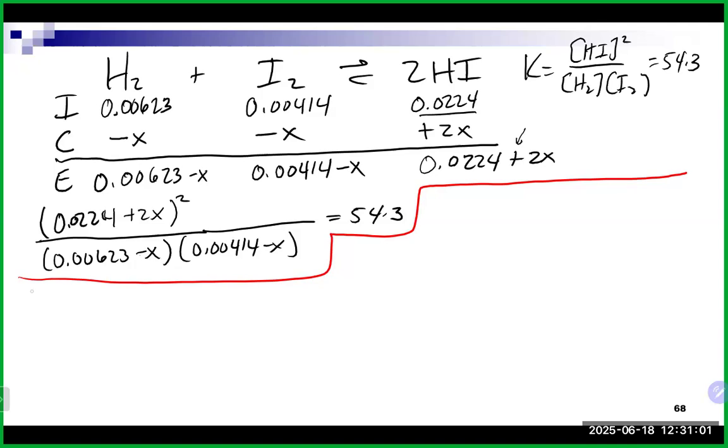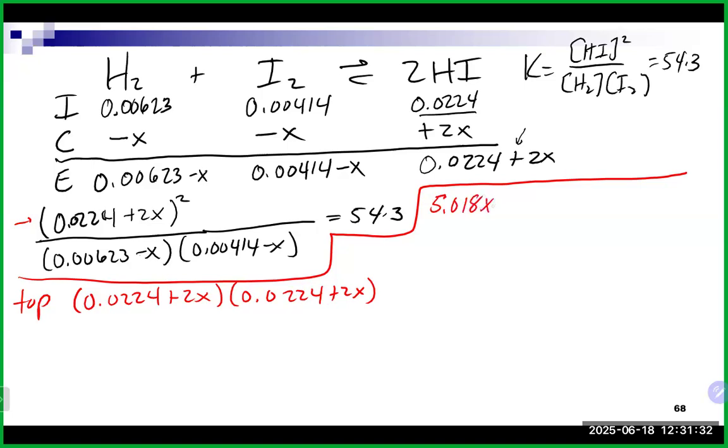So if we do our top part first, which is up here, that basically is 0.0224 plus 2x times 0.0224 plus 2x. Again, we're going to multiply in and multiply out to do that. 0.0224 times 0.0224 is going to get us 5.018 times 10 to the minus 4, I think, if I'm not mistaken.